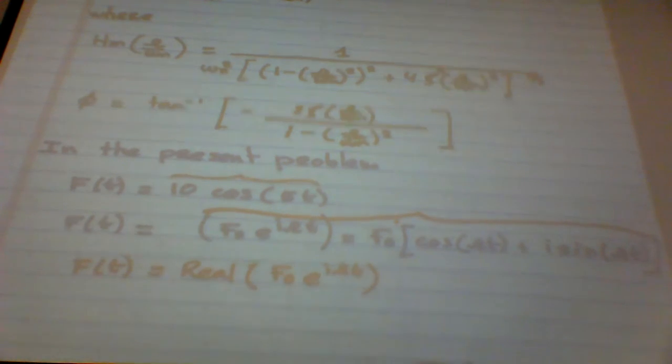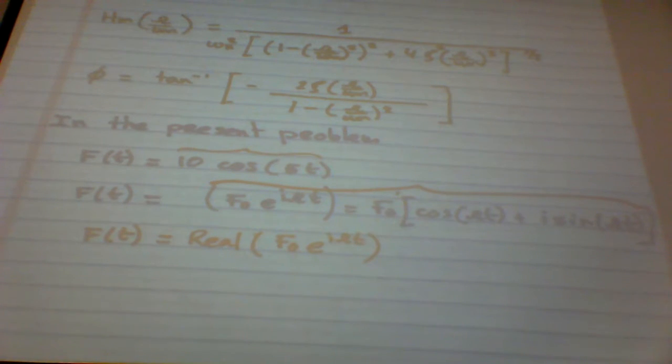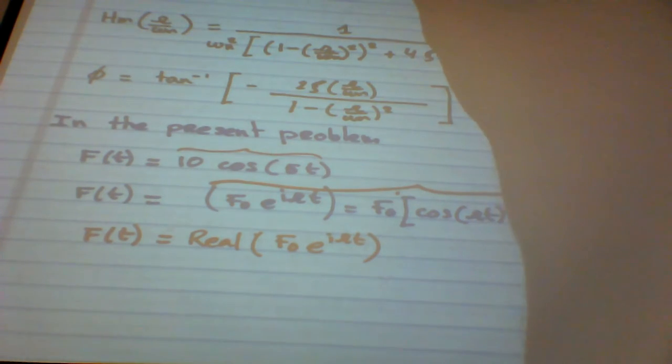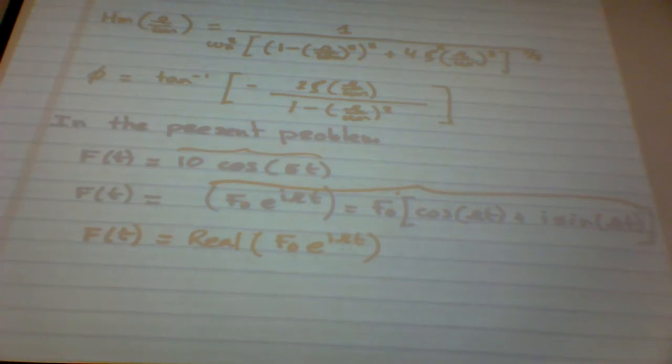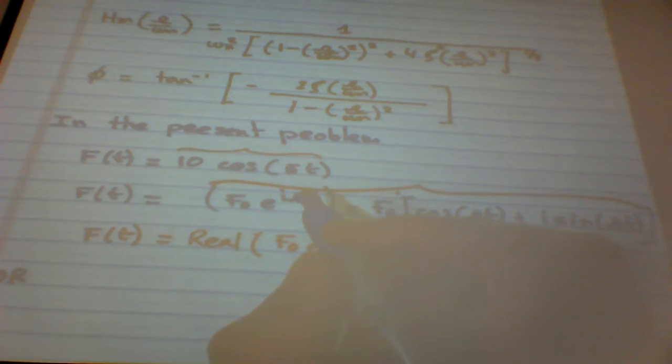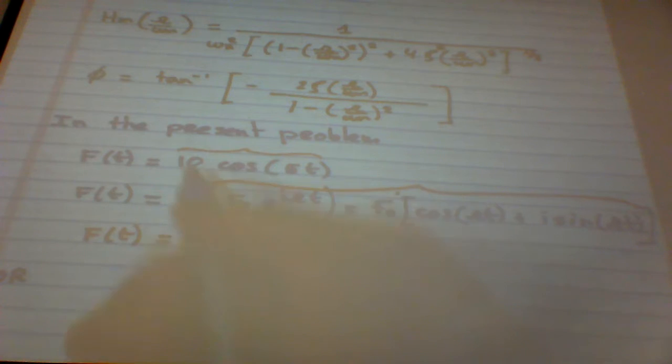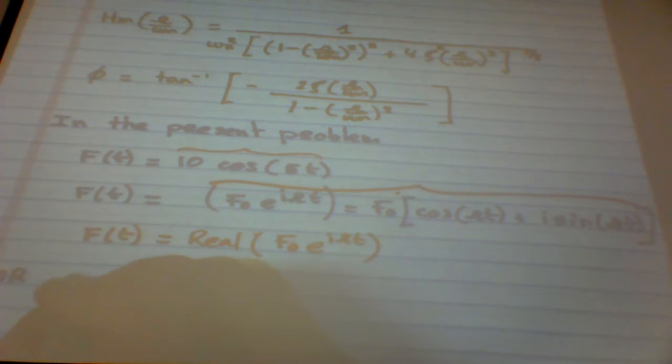So at the end, if we know this solution over here, the 10, okay, I'm going to say that then x of t of the solution will be equal to the real part of the total solution over here.